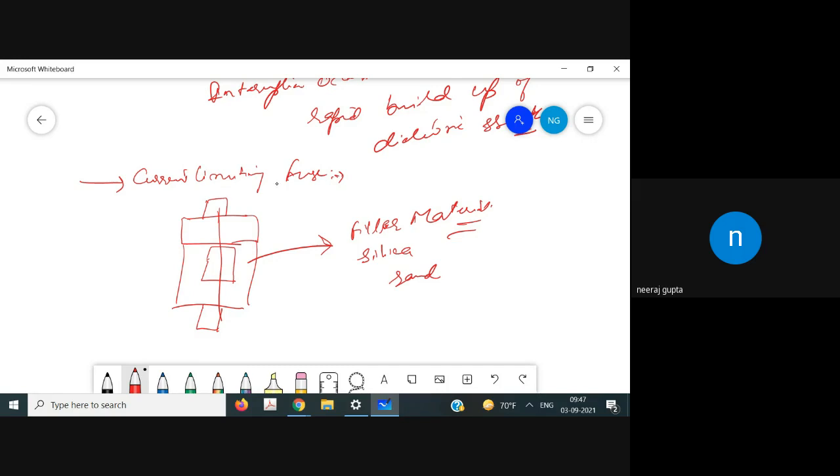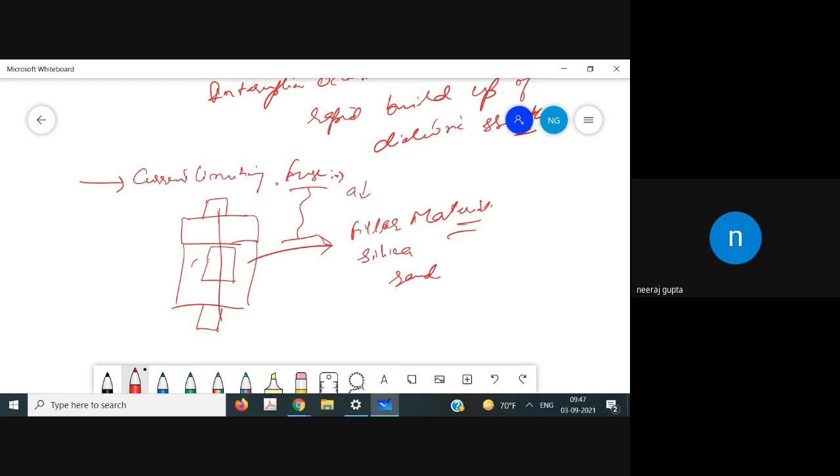Now, because the element is surrounded by the filler material, when the arc is struck, what happens? The area of the arc is reduced.